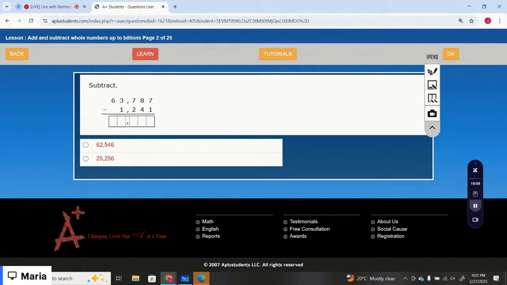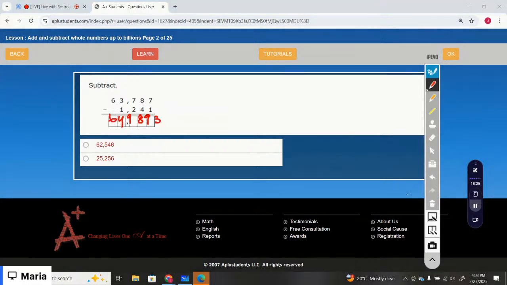Subtract. So which is the correct option? Let's just subtract. 7 take away 1 is 6. 8 take away 4 is 4. 7 take away 2 is 5. 3 take away 1 is 2 and 6.